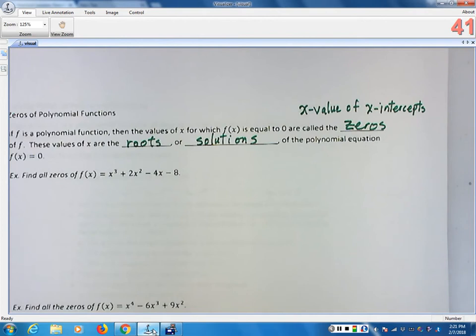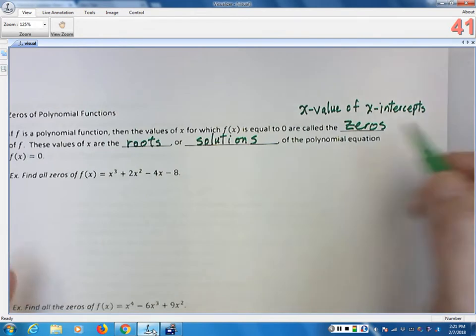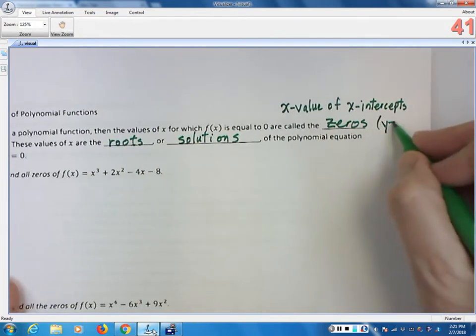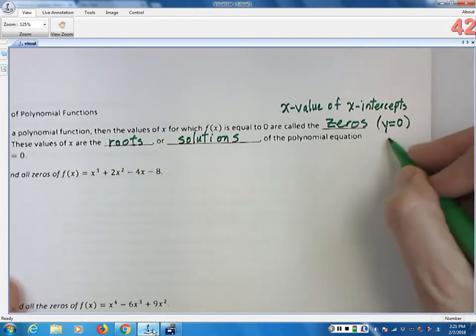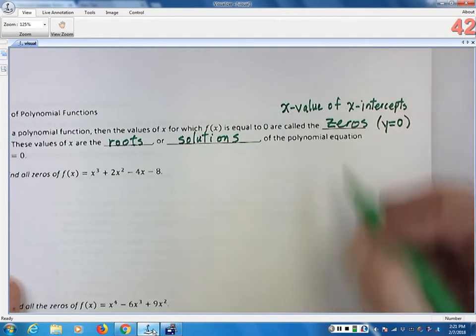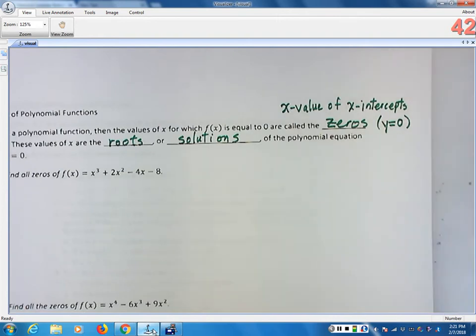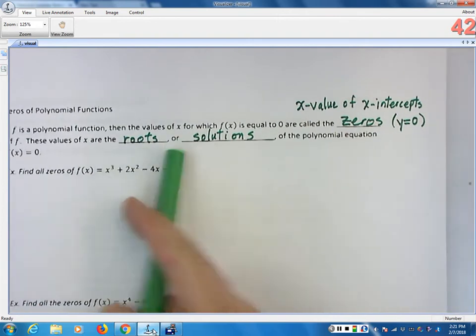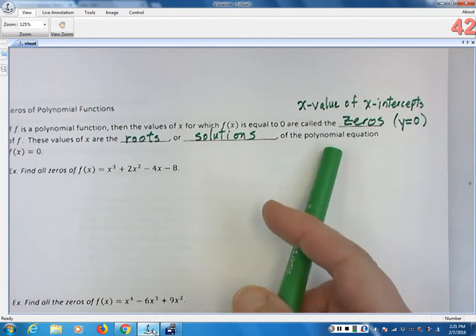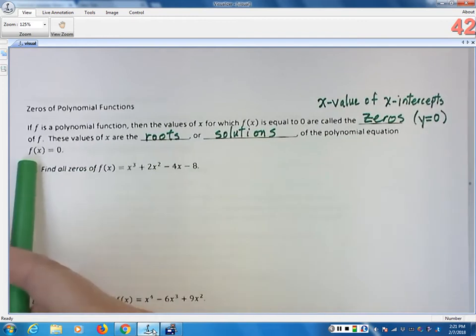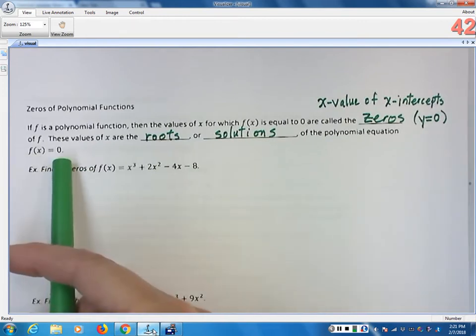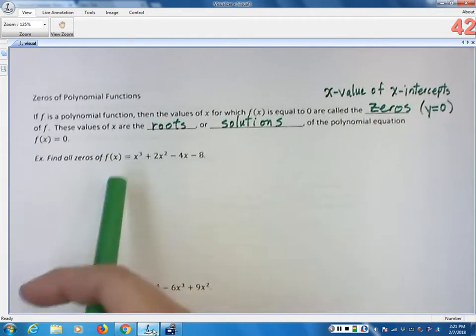Because when you cross the x-axis, y is 0. It's because y equals 0 when you're on them. Okay? And they're also called the roots or solutions of the equation f of x equals 0. So if we set the polynomial function equal to 0, we can find the zeros.